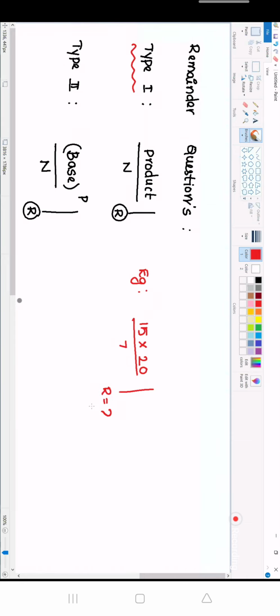Or otherwise we have a question which is talking about 365 into 366 into 367 divided by 7. What is the remainder?